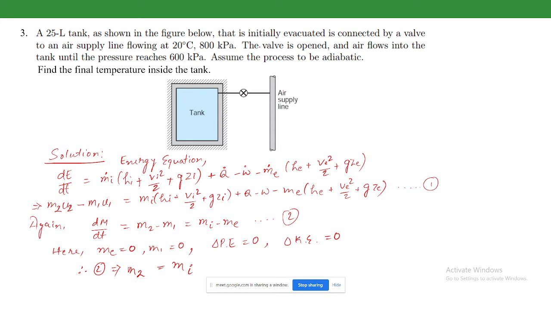Initially the tank is evacuated, so the initial mass m1 is also 0, and we neglect changes in potential and kinetic energy. From the mass balance, the final mass of the tank is the mass entering from the air supply line.